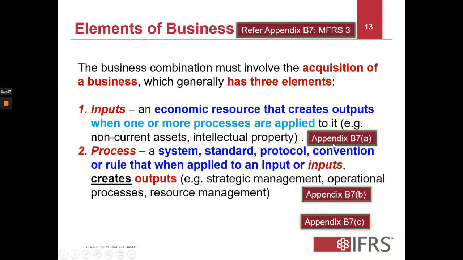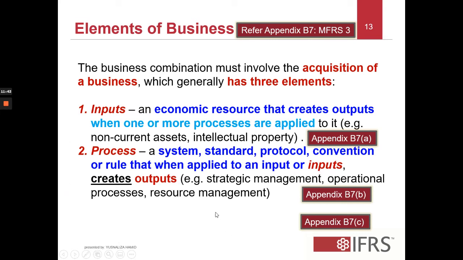This is the definition as per Appendix B7A of MFRS 3. The process, what is a process? MFRS 3 Appendix B7B defined that as a system, standard, protocol, convention, rule that when you apply it to an input or maybe more than one input, it will create output.